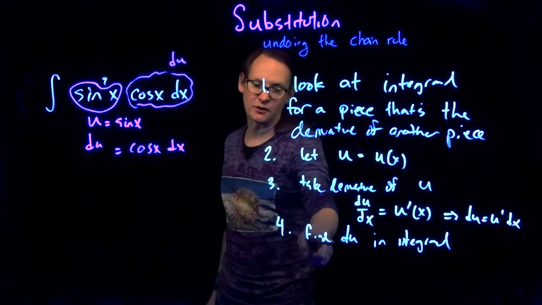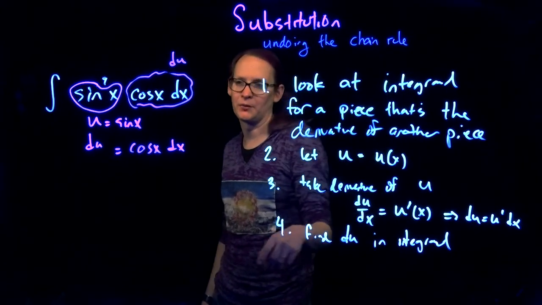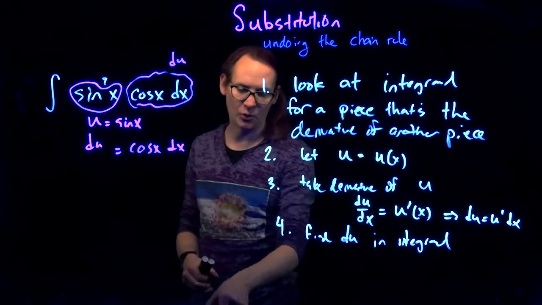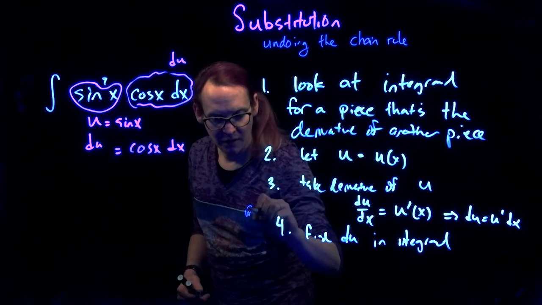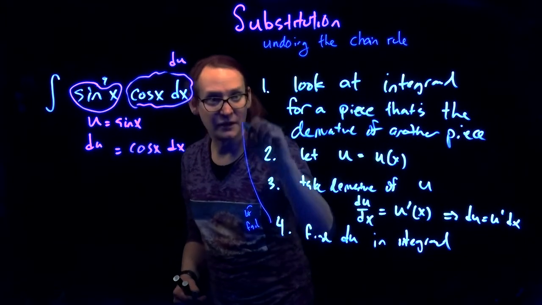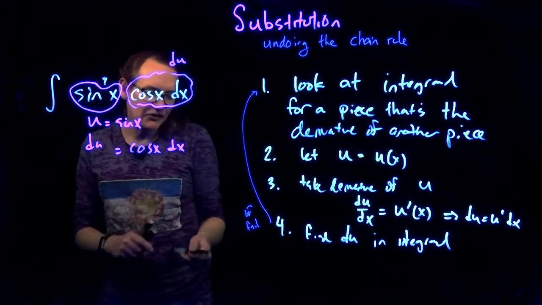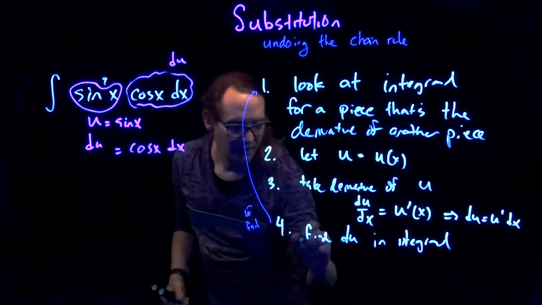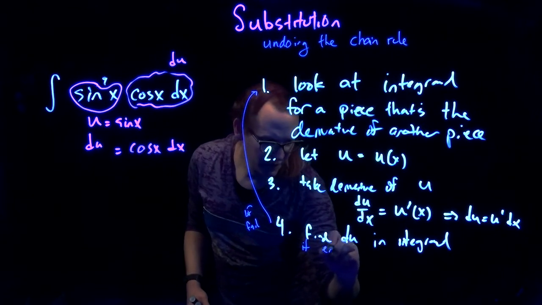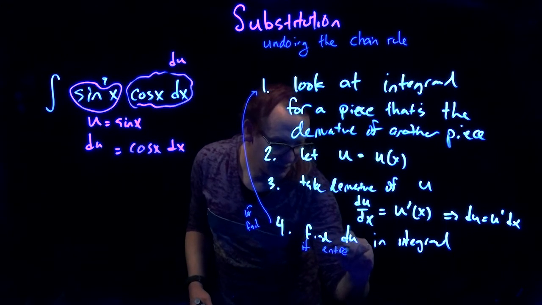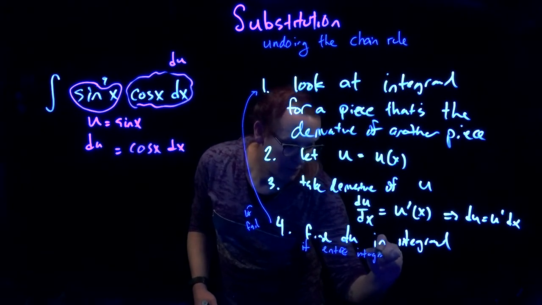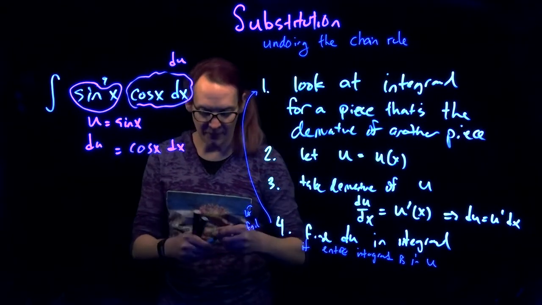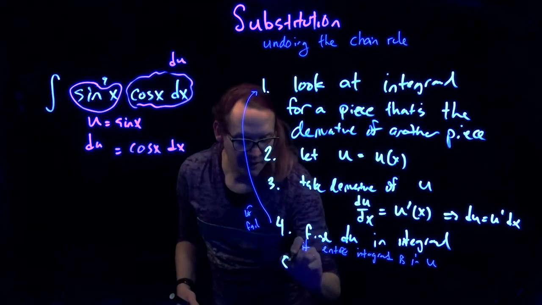And if this fails, because it can fail, because sometimes we try things and they don't work, then it might be to go back to step 1. So if we fail, we might go back to step 1, and that's okay. If the entire integrand is in u, then we get to go to step 5 and rewrite.